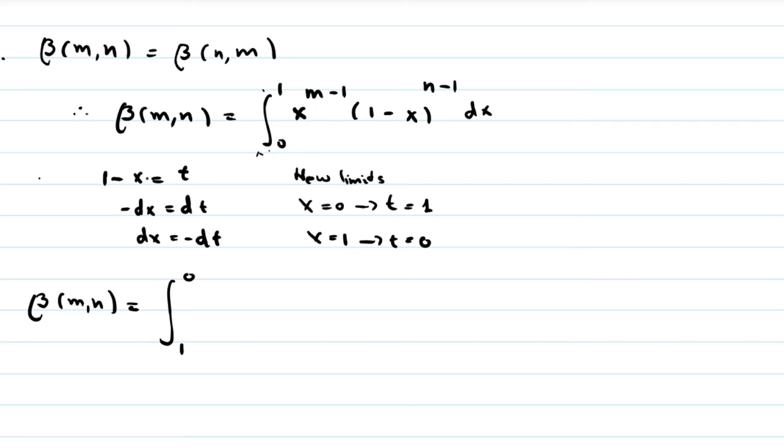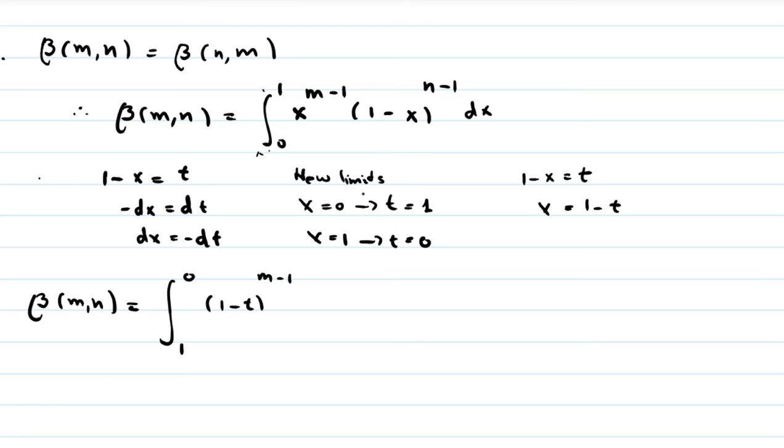We have 1 minus x is equal to t, but how about x? If you have 1 minus x is equal to t, this means that x is equal to 1 minus t. So I'm going to write 1 minus t, replacing that x raised to m minus 1.